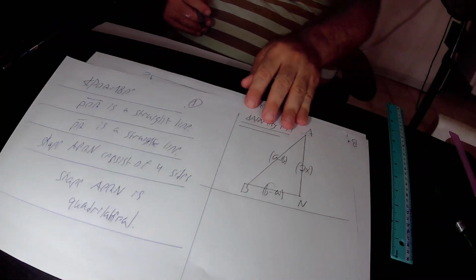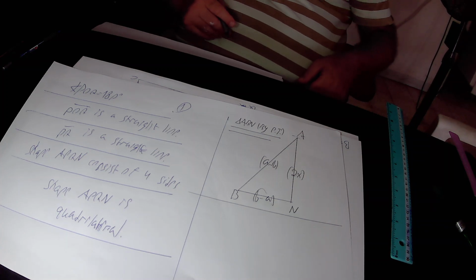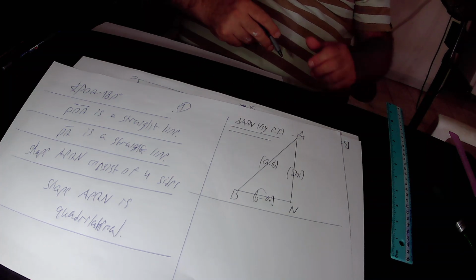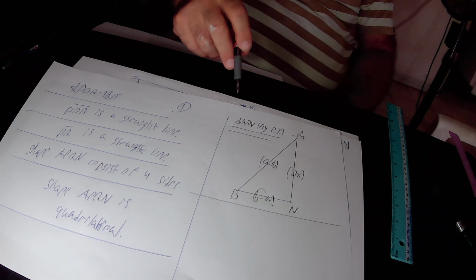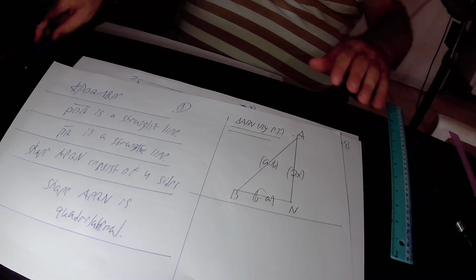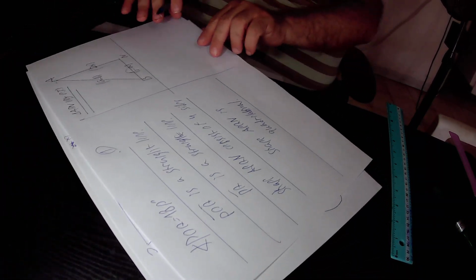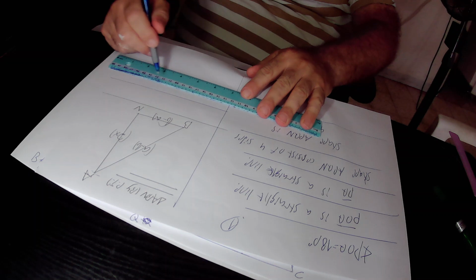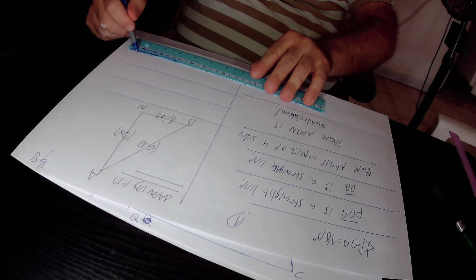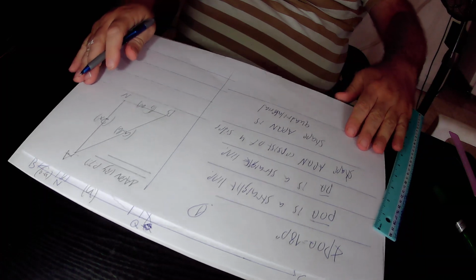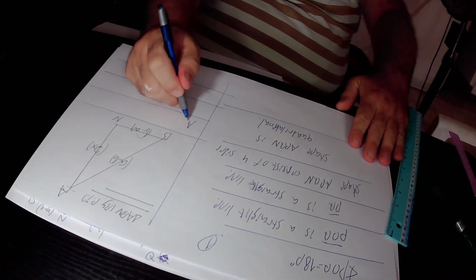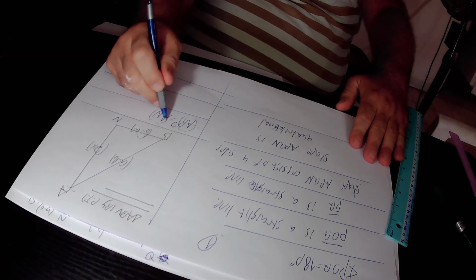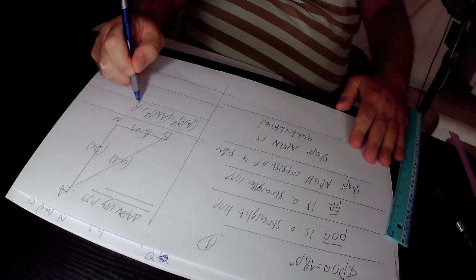So actually, this is the right triangle ABN coming from the original drawing, and in this right triangle, according to the Pythagoras theorem, AB squared, that is the square of the hypotenuse, equals AN squared plus BN squared.